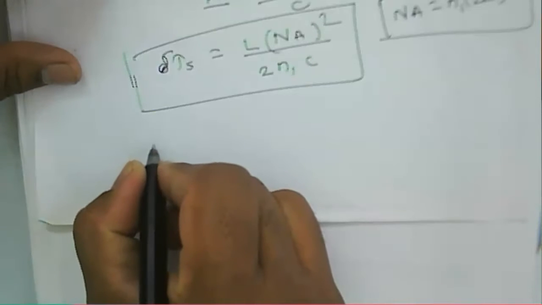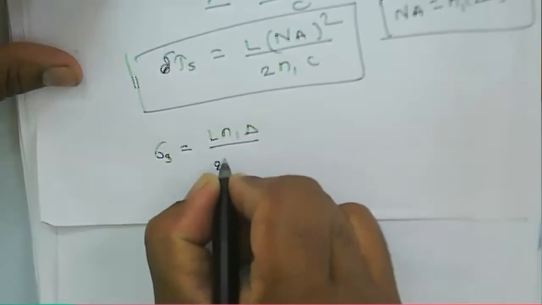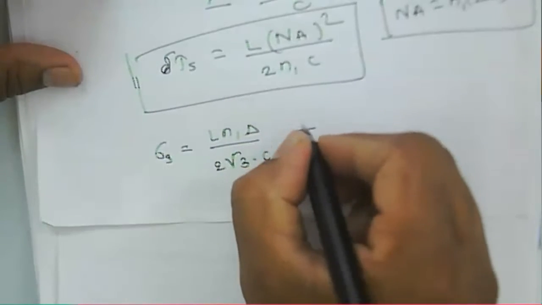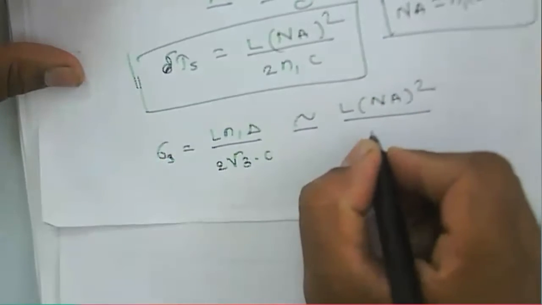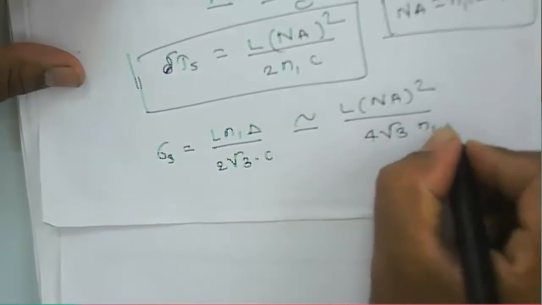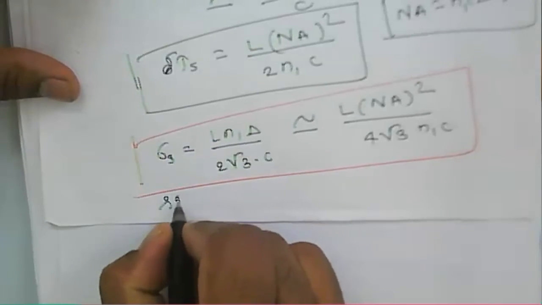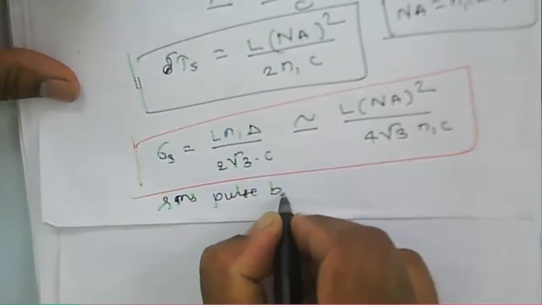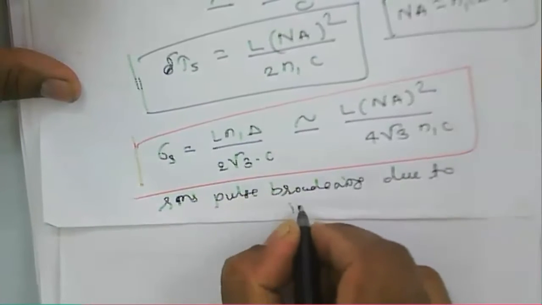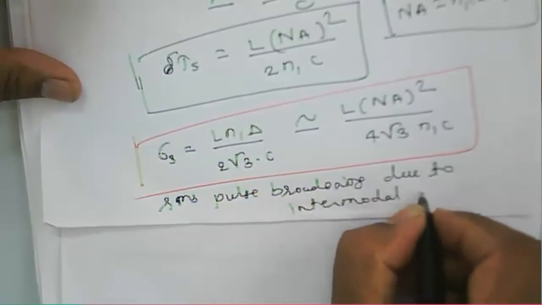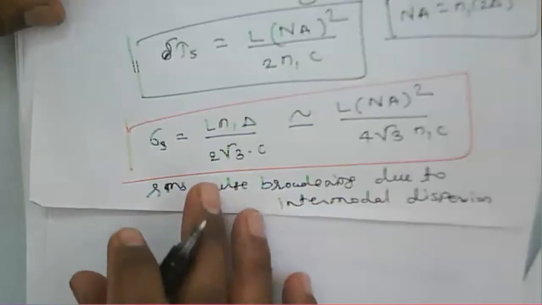We can write it directly here: that will be L n1 del divided by 2 under root 3 into C, approximately equal to L times numerical aperture squared by 4 under root 3 n1 C. And this is nothing but the RMS pulse broadening due to the intermodal dispersion.